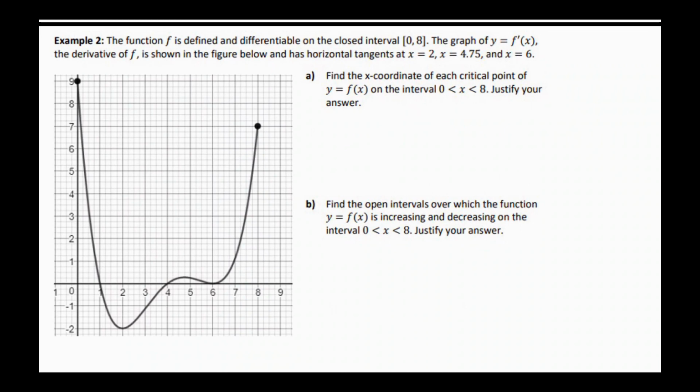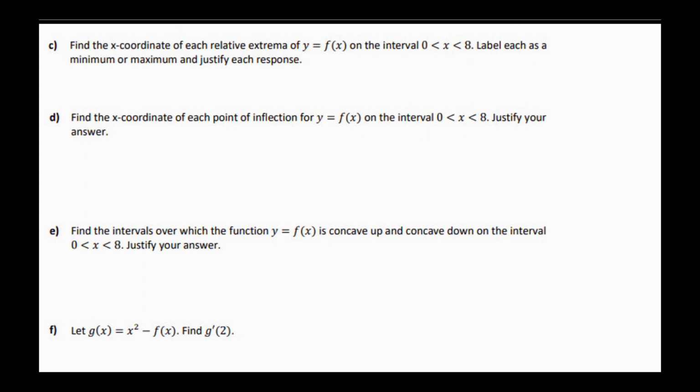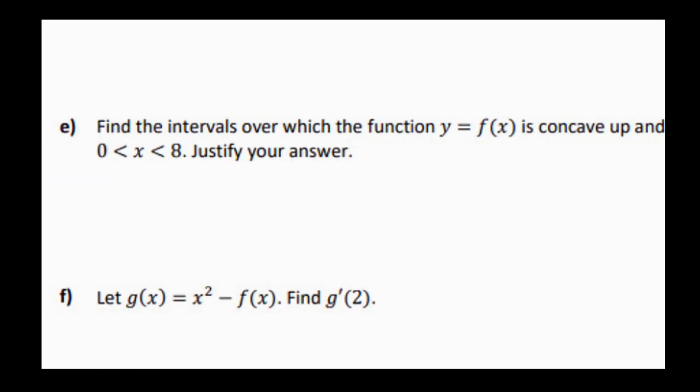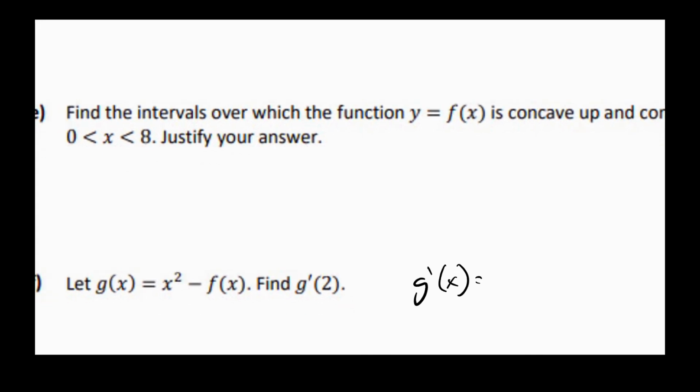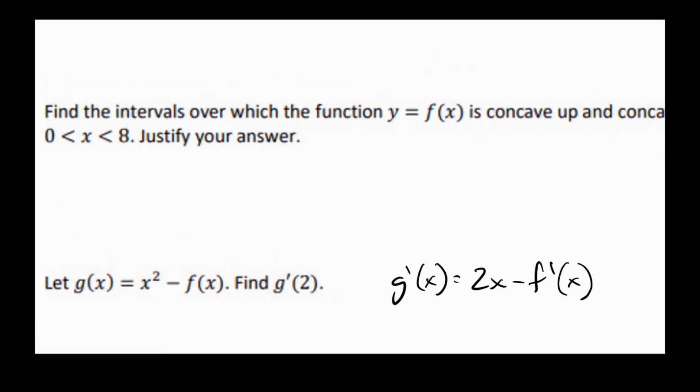And then the last one. The last one looks harder than it actually is. Find the derivative of that guy. Because it says find g prime of 2, right? So g prime of x equals the derivative, which is 2x, minus f prime of x, right? Now plug in 2.